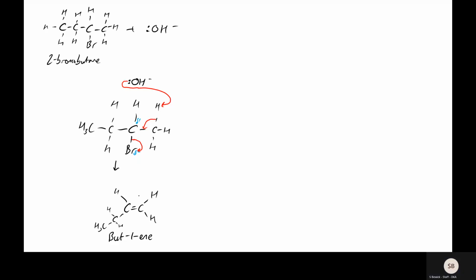Now, this is why this is a more complicated example, because actually we can form more than just but-1-ene. Because there are two different carbons that we can attack. There are two carbons adjacent to the delta positive one that has the halogen on it.